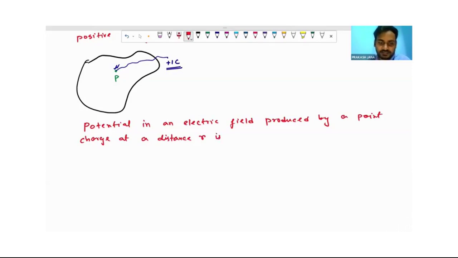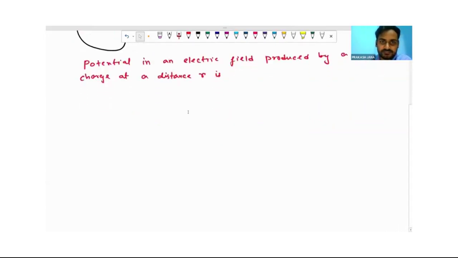Suppose, let me draw. Suppose this is the point charge Q. Okay, we want the value of the electric potential or electrostatic potential at this point P, which is at a distance r from the charge Q itself.